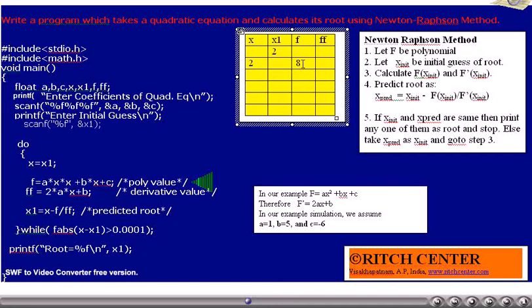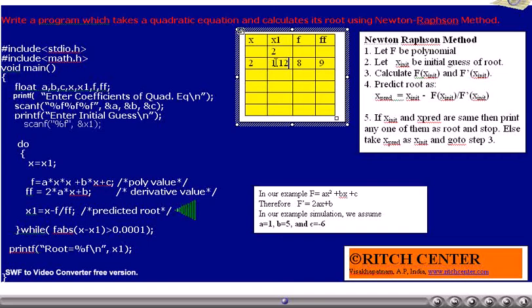The function value, that is the polynomial value at x, that is 2, is calculated and is 8. The derivative value at x, that is 2, is calculated and it is found to be 9.